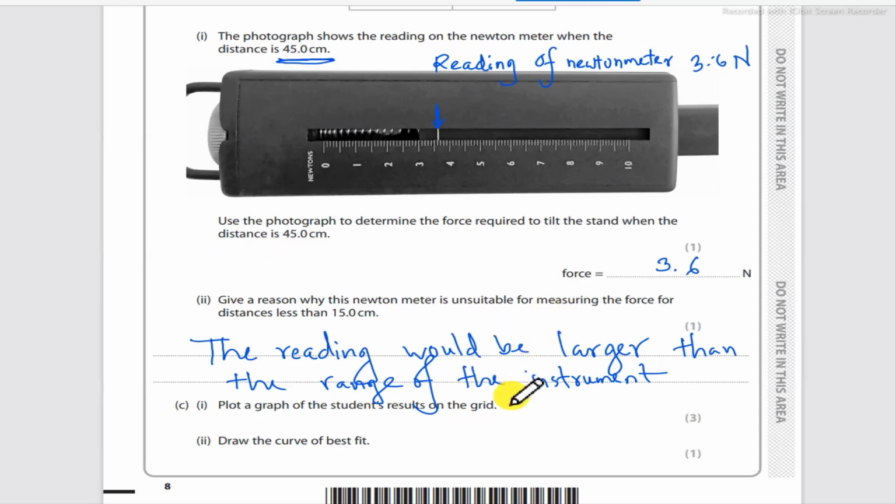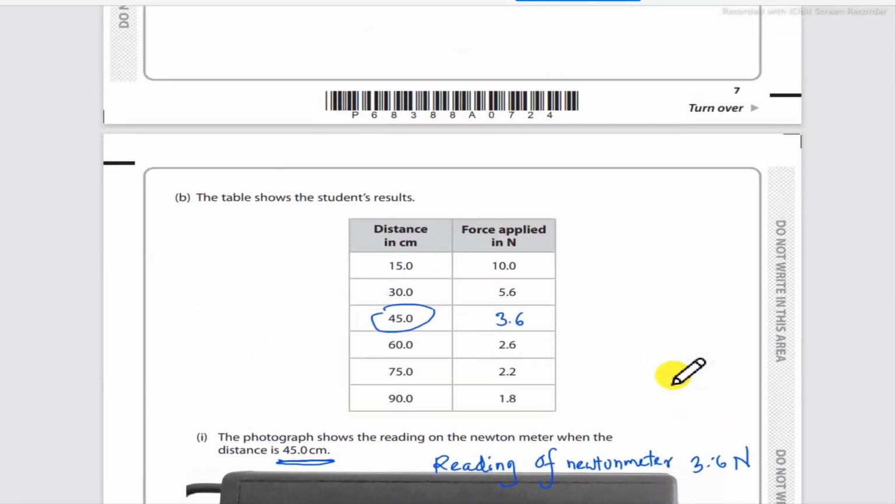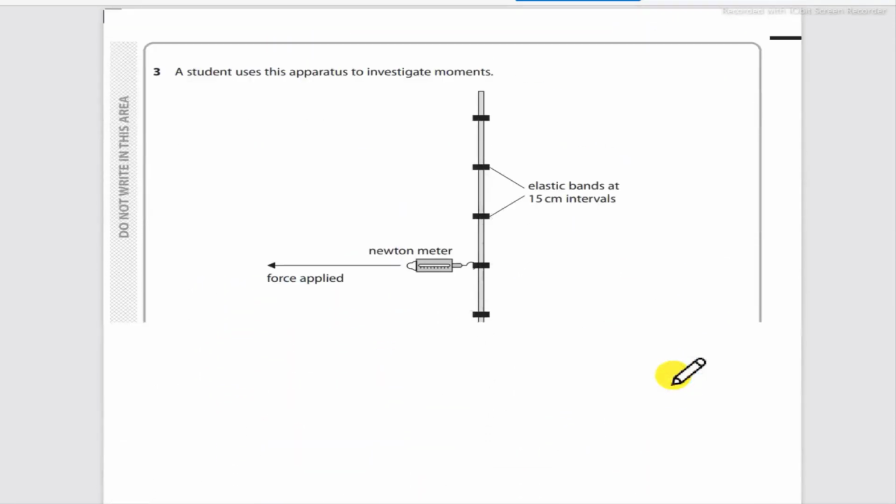Plot a graph of the student's results on the grid. Draw a curve of best fit. So look at the data first.